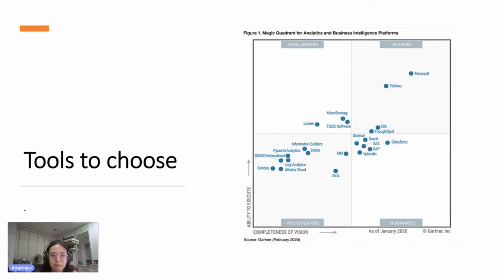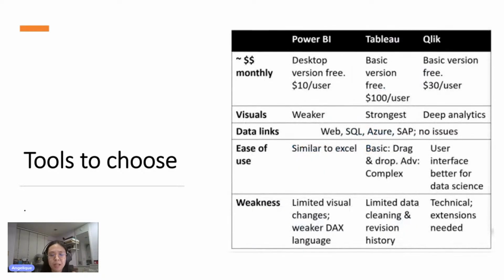For people who want to dive deeper into it, you can also use D3. You can use R or Python, for example. I also gave you a very quick view. I'm not sure this is the most up-to-date. Feel free to dive into it if you're interested. But you can see the difference between Power BI, Tableau, and Qlik, which are some of the more popular software out there.